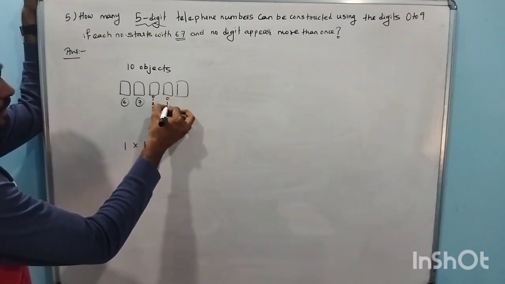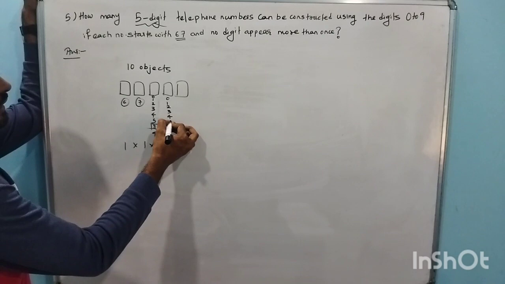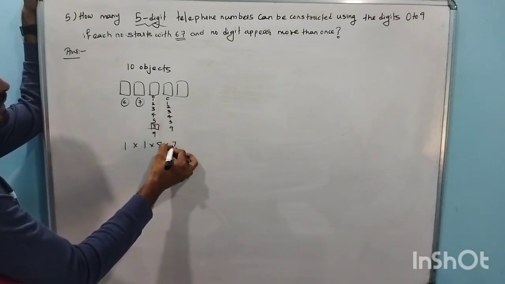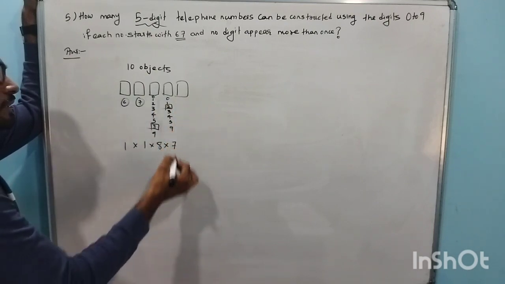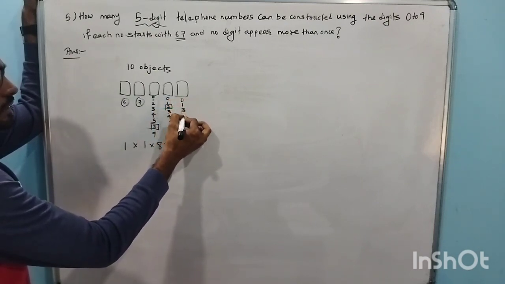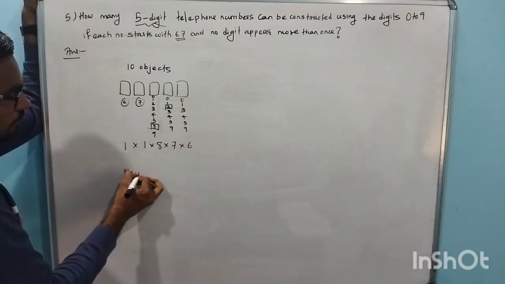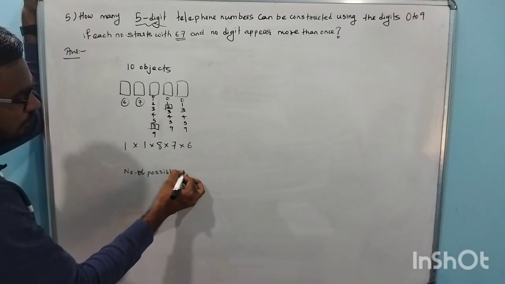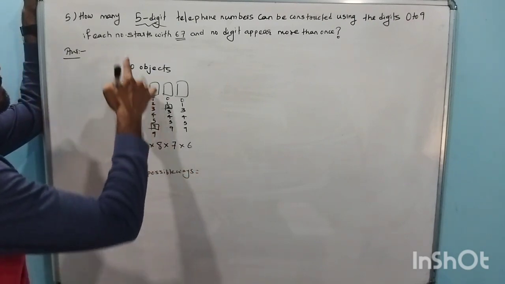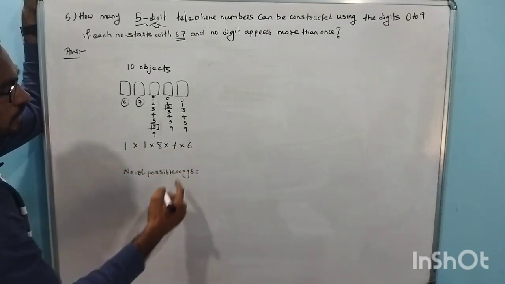Then, for example, we have selected any one. Then, for next place, we have only 7 choices. For example, we have selected one more here. Then, for next place, we have only 6 choices. So therefore, number of possible ways of making such telephone number is 8 into 7 into 6.